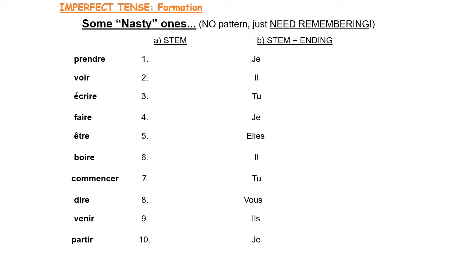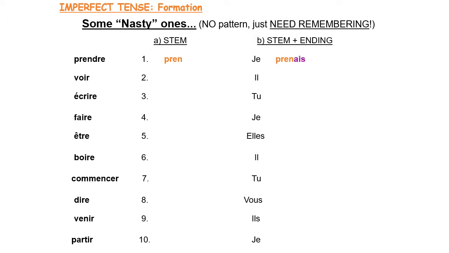Je prends, tu prends, il prend, nous prenons. So nous prenons minus the ONS is pren, like that, pren. So that's our stem. And then the ending is a je form, AIS. So therefore it would be je prenais. I used to take. Okay. So that's an explanation for the second activity.